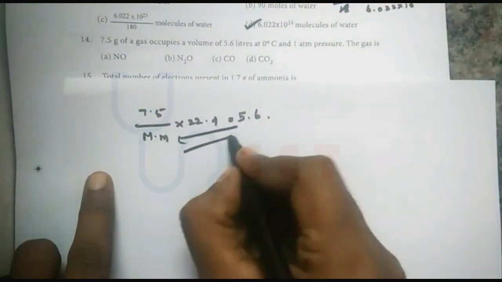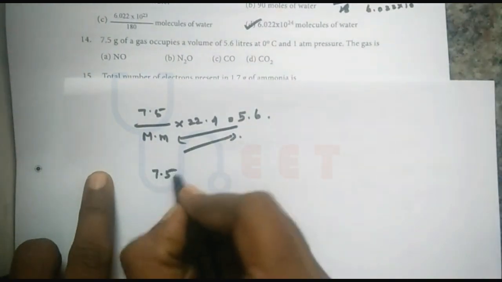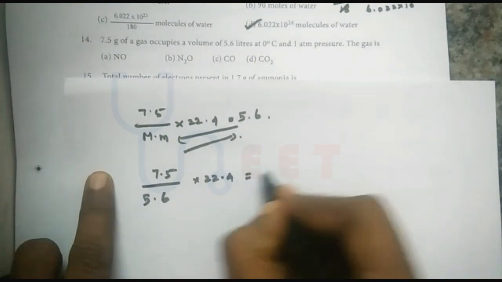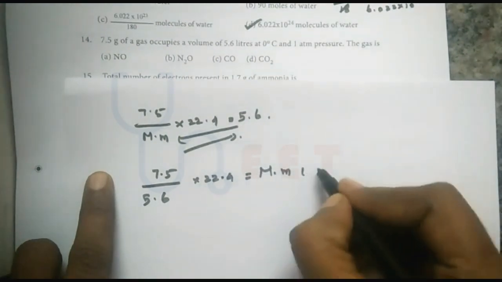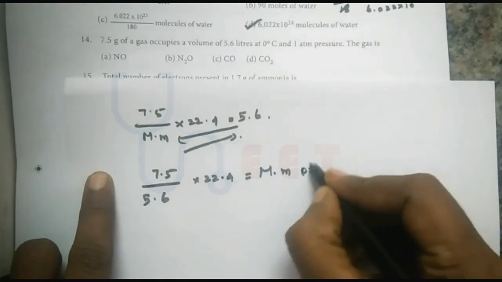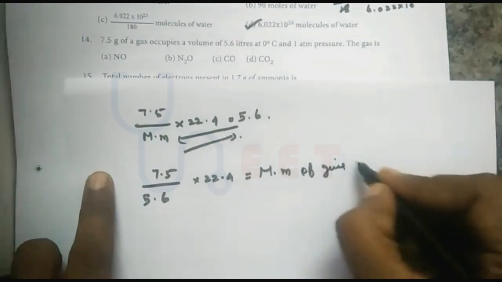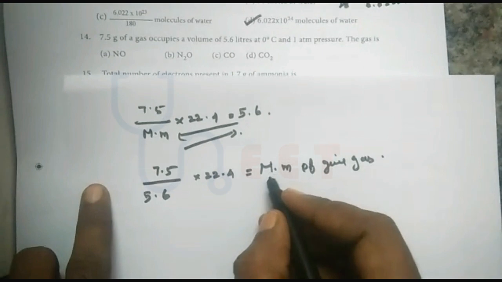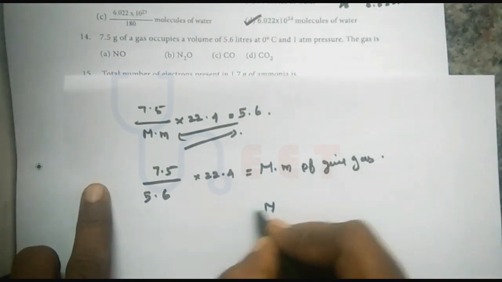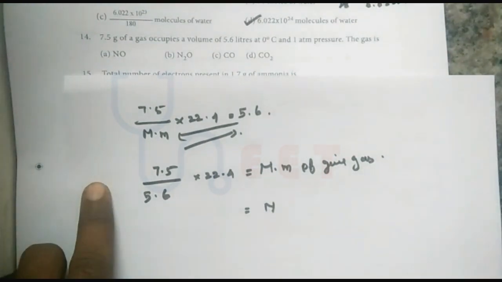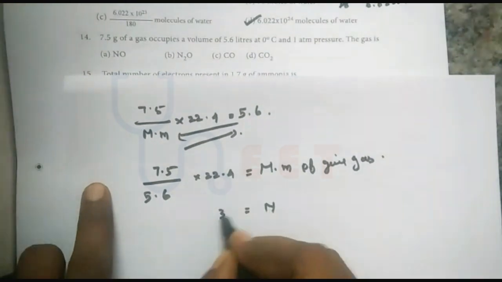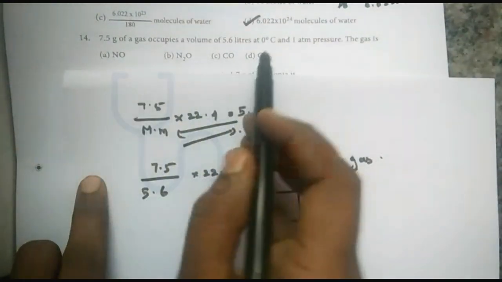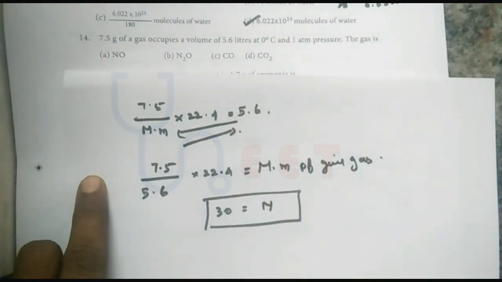Now we cross multiply: 7.5 divided by 5.6 times 22.4 equals the molecular mass of the given gas, which is almost equal to 30.